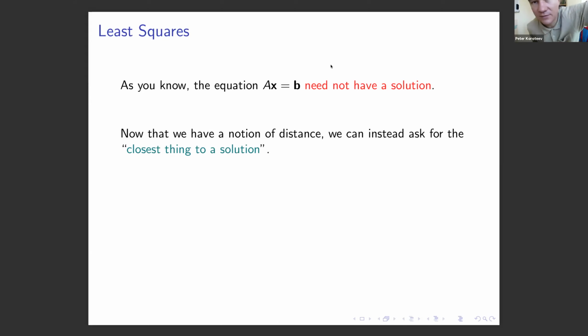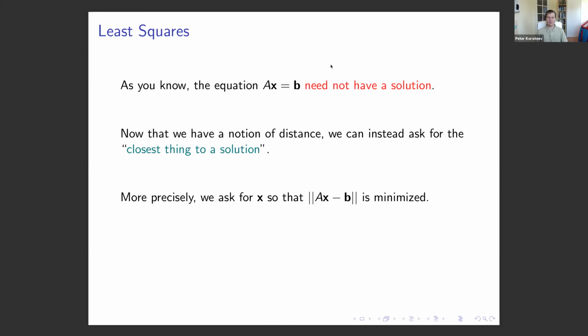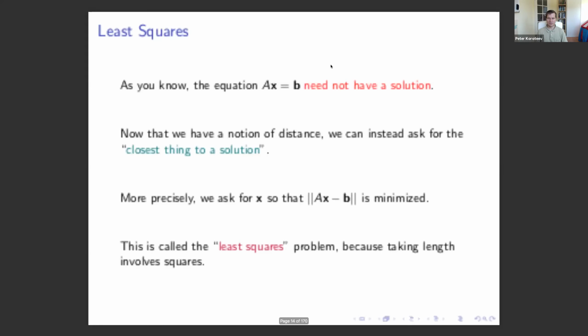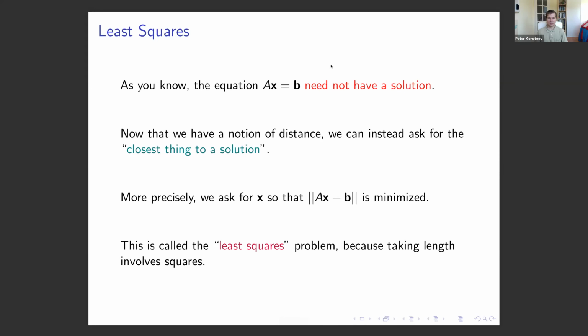If there's no solution, maybe there's a notion in which the distance, calculated using the norm, between Ax and b is minimized. So how do we make Ax minus b the smallest? This is called the least squares problem, since taking the length involves squares.